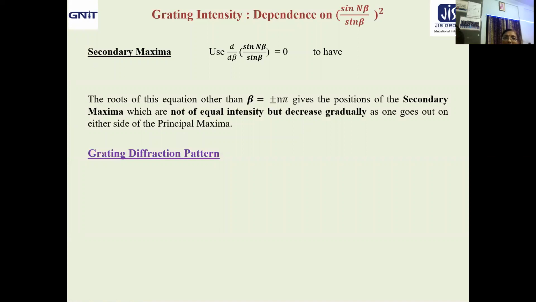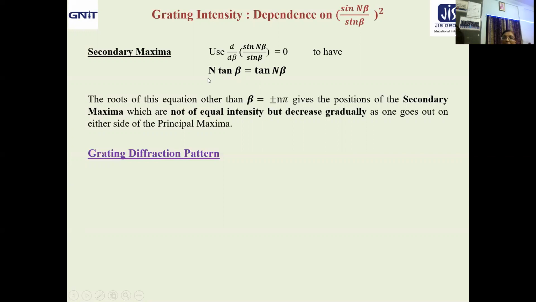You got those in the diffraction term. But when N increases beyond 2, the situation changes. Now, how to get secondary maxima? Use the rule of calculus, the common one, d by d beta of sine N beta by sine beta equal to 0, to get the condition for secondary maxima as N tan beta equal to tan N beta. Very easy. Take the derivative, you will find it.